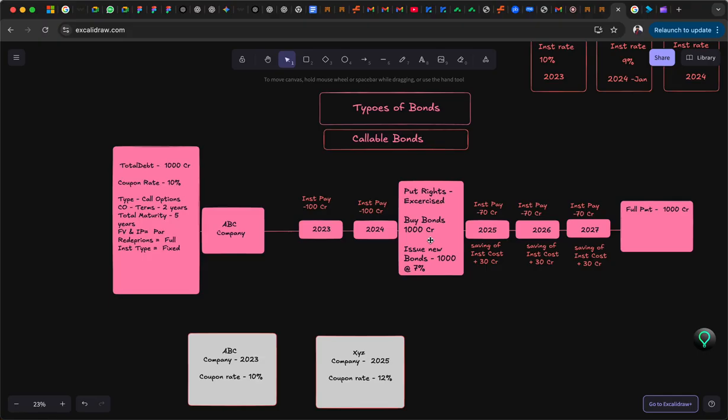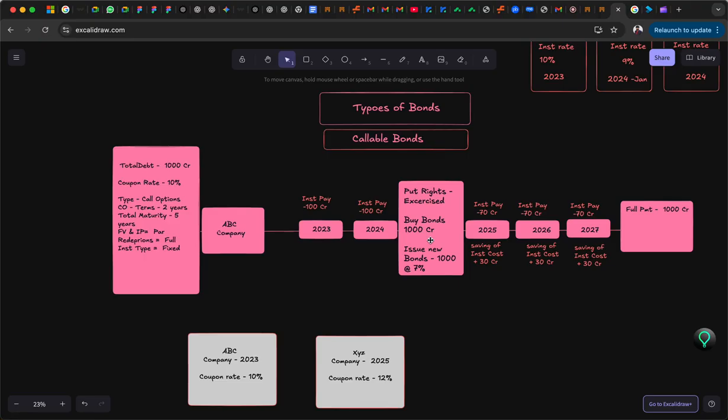Now, in case of a putable or callable option, if you ask me to summarize how exactly this works: with putable bonds, if investors anticipate or have other alternative options where they can generate more income from the current investment, they will always try to exercise their rights, sell the investment back to the company, and deploy the capital in another asset class.